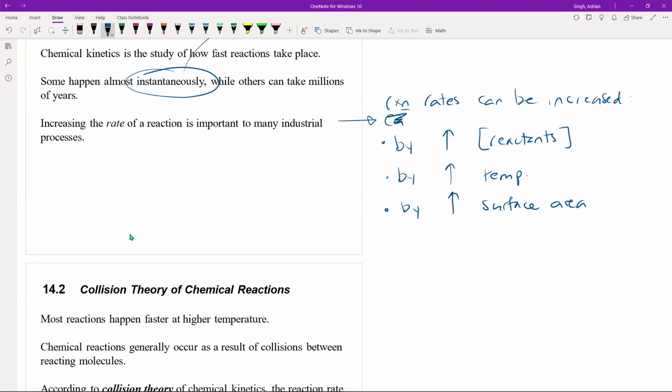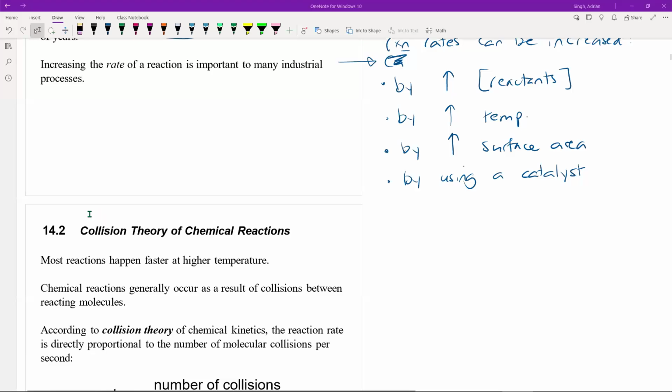And then we can also increase the reaction rate by using something called a catalyst, whose whole purpose is to actually increase the rate of a reaction. Like I said, we sort of scratched the surface on some of these back in Gen Chem 1. We're going to take a lot closer look at this in this section of the course.